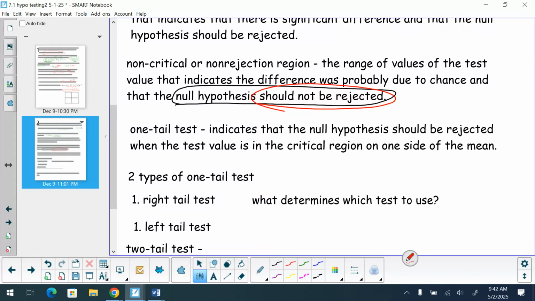Basically, the critical region will be just on one side of the mean. That will give us a one-tailed test.